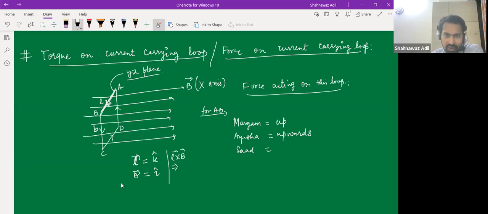Saad, L cross B would be where? I, J, K. So K cross I, what will we get, Saad? Minus I? K cross I. What is K cross I? Mariam is saying J, which is upward.